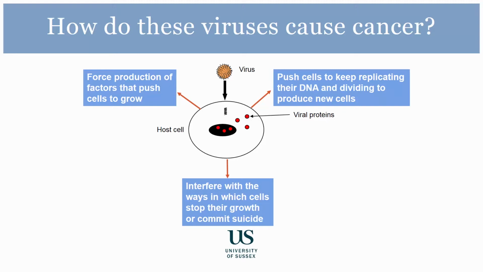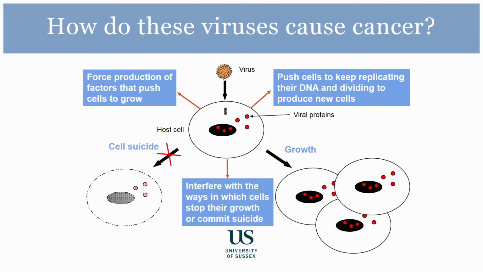And viruses often interfere with both these processes, so they push growth, but they also interfere with the mechanisms that stop growth or cause cell suicide. And the net result of this is cells that don't die when they should, when things have gone wrong, and cells that keep growing and keep dividing.